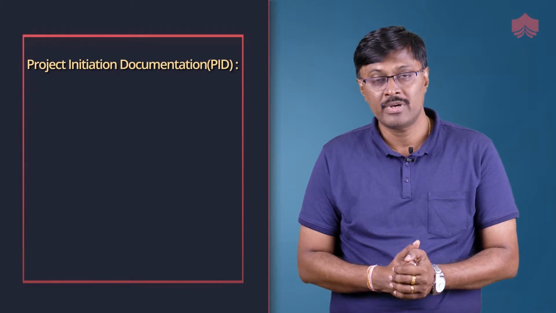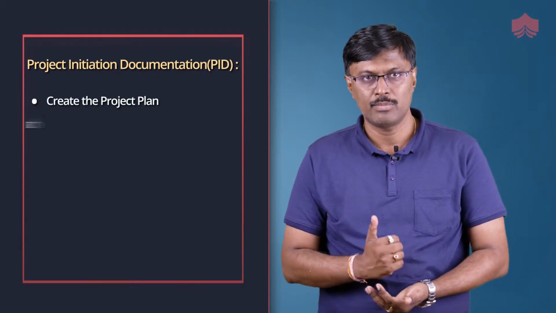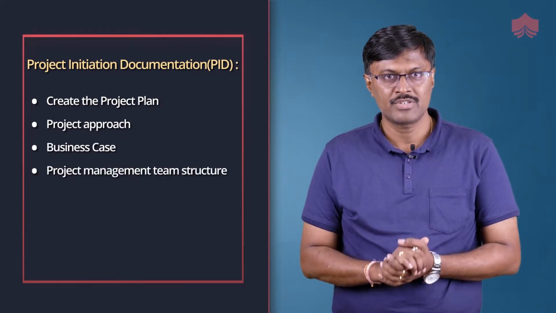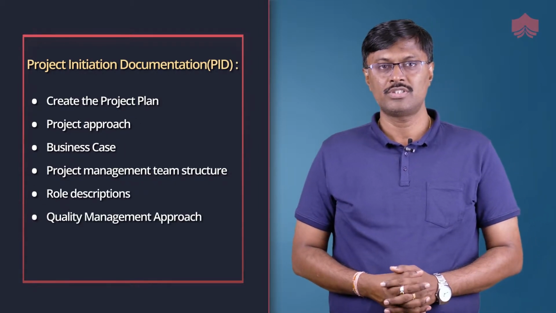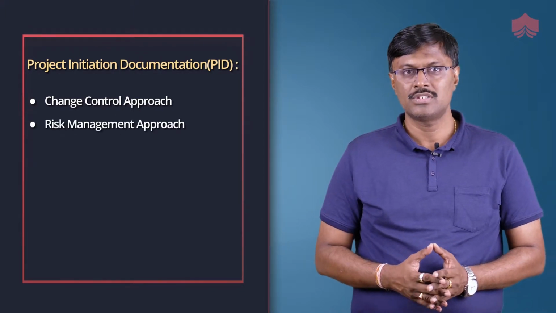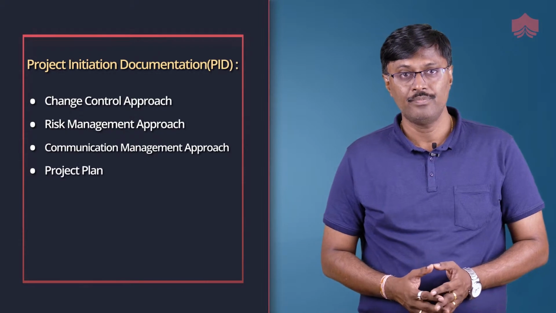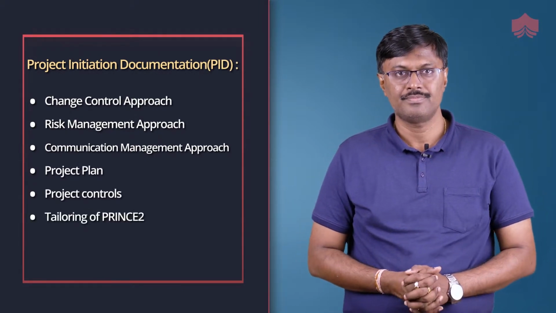Project initiation documentation captures project definition, project approach, business case, project management team structure, role descriptions, quality management approach, change control approach, risk management approach, communication management approach, project plan, project controls, and tailoring of PRINCE2.